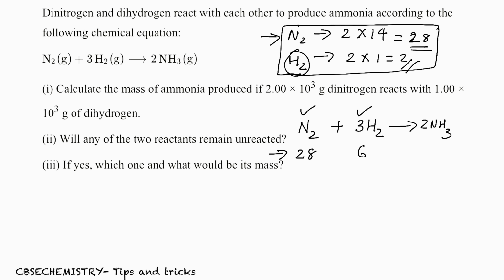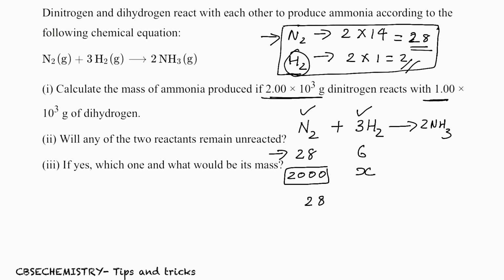Now check the question. Which values do they give? 2000 gram and 1000 gram. So 2000 gram of nitrogen. For hydrogen, they give 1000, but no need to mention it. You just put X. We are going to find how much hydrogen is required for reacting with 2000 gram of nitrogen. You can cross multiply and find the answer.